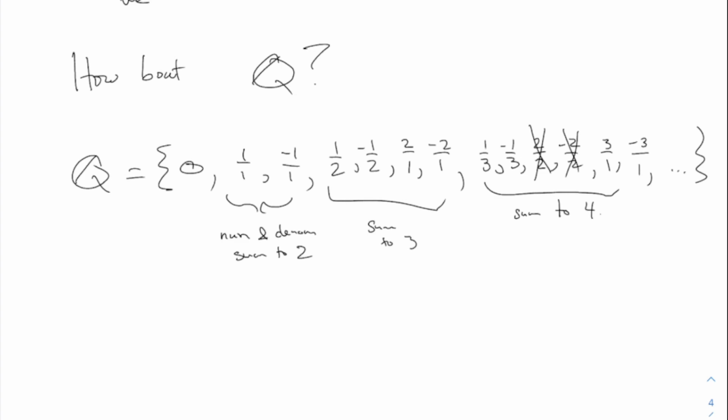All right? Yes? What about stuff like 2/3? 2/3 is going to be in there. Actually, it'll be in the next block. I will be listing all things where the numerator and denominator add up to 5, and that's where you'll see 2/3. Any fraction will eventually appear in this list, right? Even 22/7 will eventually appear in the block of fractions where the numbers add up to 29.